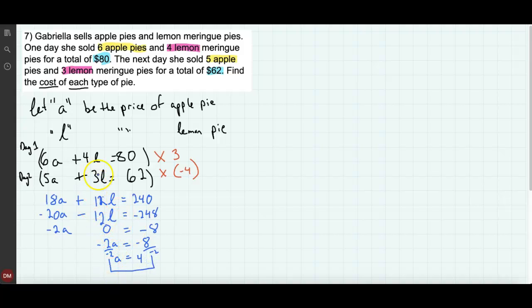Now the question asks, find the cost of each type of pie. So I know apple pies cost $4. Now how am I going to get the price of the lemon pie? I can use either of these equations. It doesn't really matter.